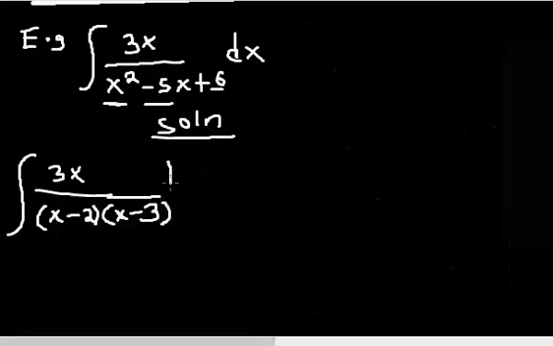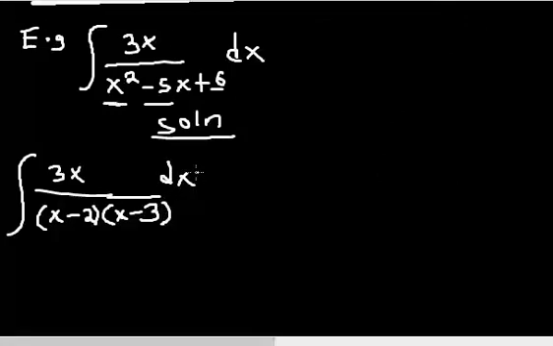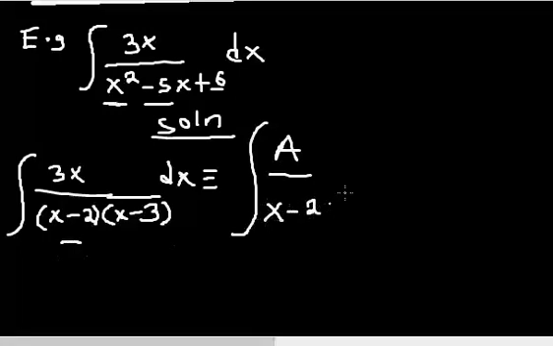Now I can split this into partial fractions. Of course, you know how we do that. This is equivalent to the integral of the first partial fraction, whose numerator a I don't know, and which takes x minus 2 as a denominator, with respect to x, plus the integral of the other partial fraction, whose numerator is b.